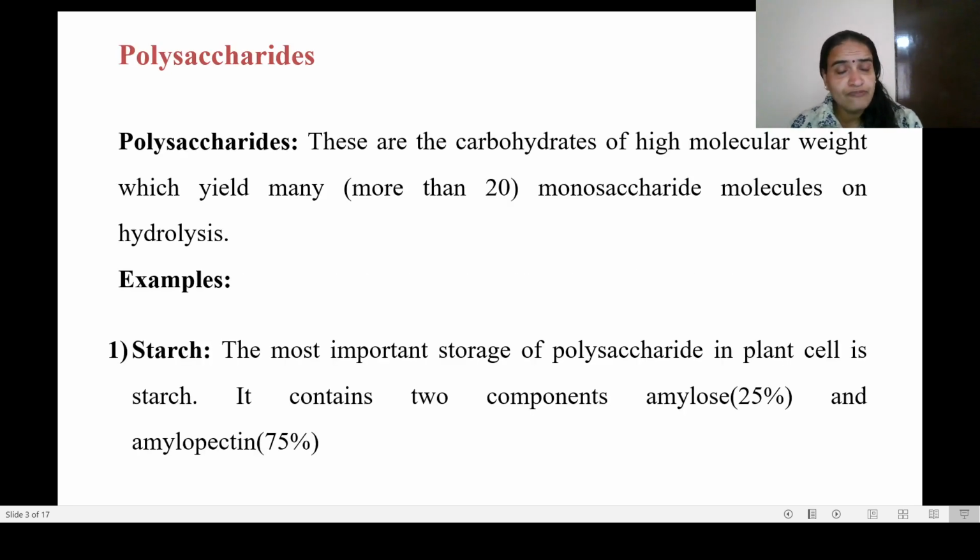So the definition of polysaccharide you know already. These are carbohydrates of very high molecular weight and they yield more than 20 monosaccharide molecules on hydrolysis.